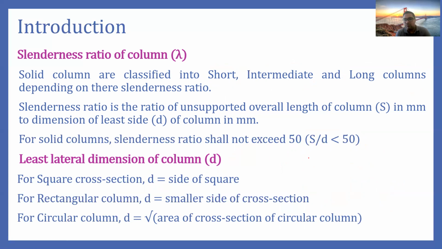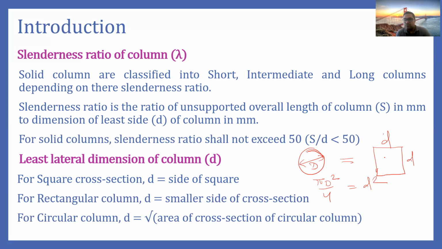Instead, we equate it with an equivalent square. The area of the circle, if this is the diameter D, will be pi D square by 4. We equate this with the equivalent area of the square. If this is side d and d, the area will be d square.